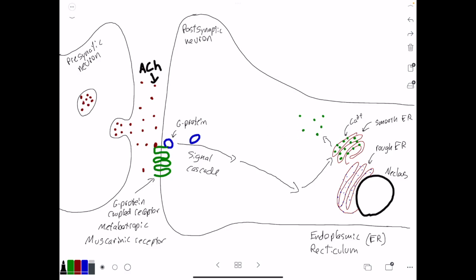I just can't get this down. Here we go. Continues signaling. I'm running out a little bit of room here, so let me expand, give us a little bit more room.